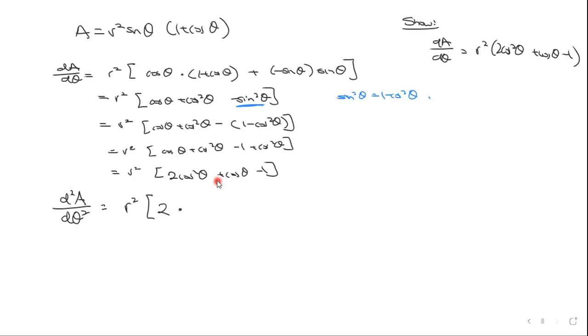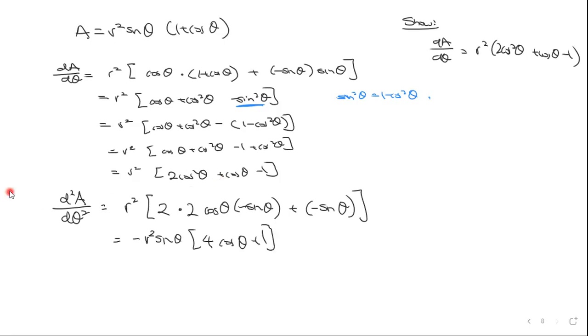So you're going to take the power down to cos theta to the power of 1, and then derive cos theta, which is negative sine theta. And then you need to derive cos, which is negative sine theta, and then derivative of negative 1 is 0. So we can take out negative sine theta, leaving you with 4 cos theta plus 1. And that will be our second derivative.